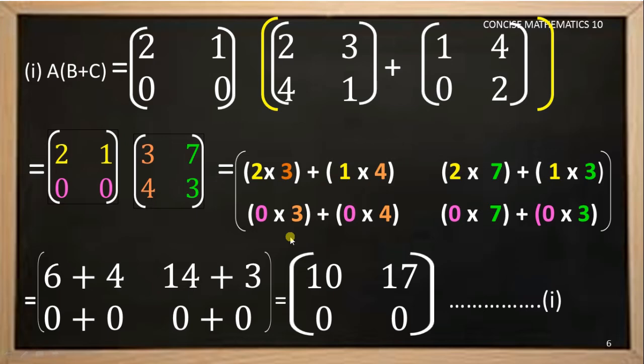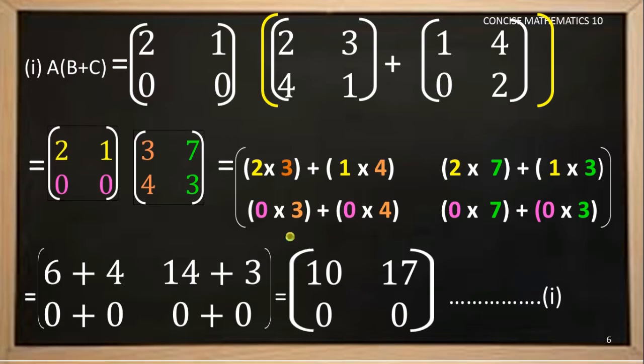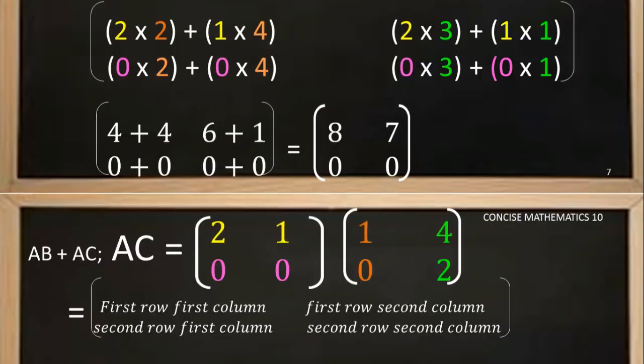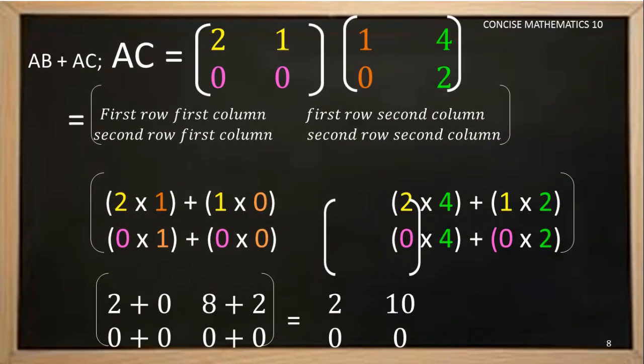As we discussed, first step is to calculate the product of A and B. A is also of the matrix 2 by 2, B is also of the order 2 by 2. Hence, the product of AB results as 8, 7, 0, 0. In the next step, calculate the product of A and C, that is 2, 10, 0, 0.